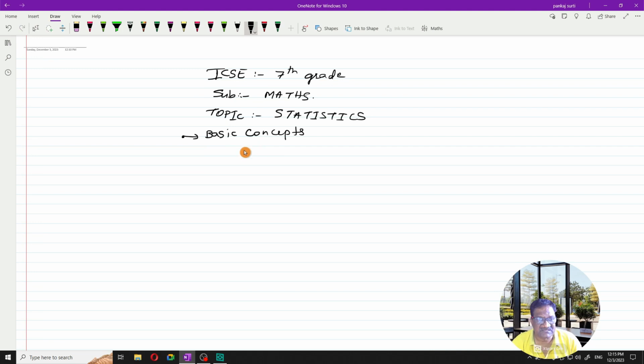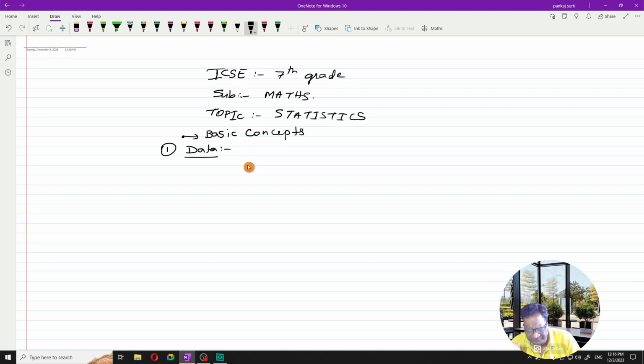Starting with the basic concepts, let me talk about something called data. Now, what is data? Data is information about some aspect that you want to study in detail, that you want to analyze.